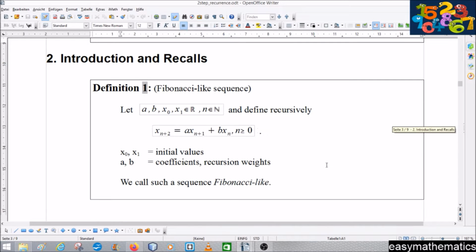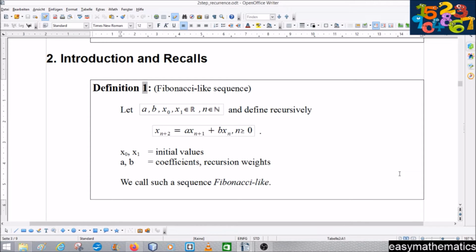And first, of course, we should discuss a clear definition, and this is a Fibonacci-like sequence. So let x0, x1 be real numbers and n a natural number, and we define recursively the sequence where we get the next element of the sequence as a linear combination of the two previous ones.